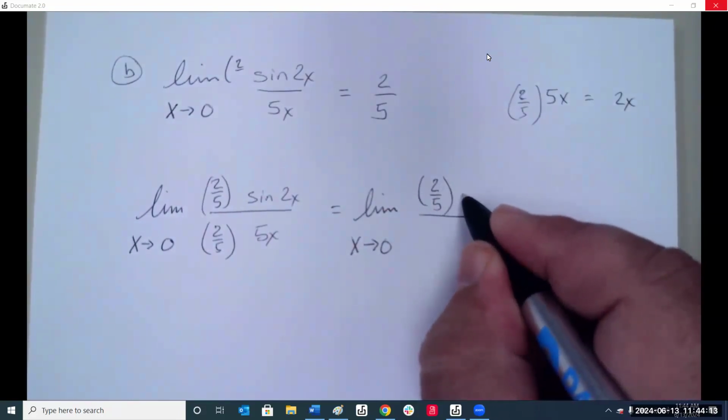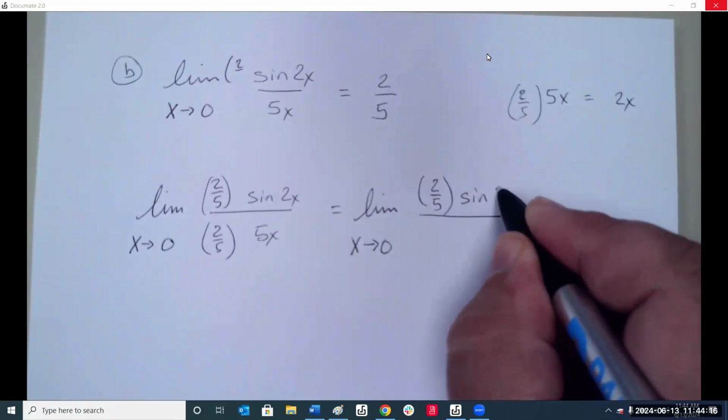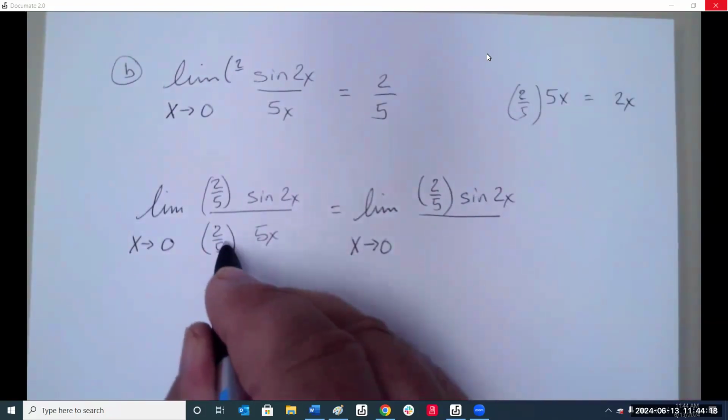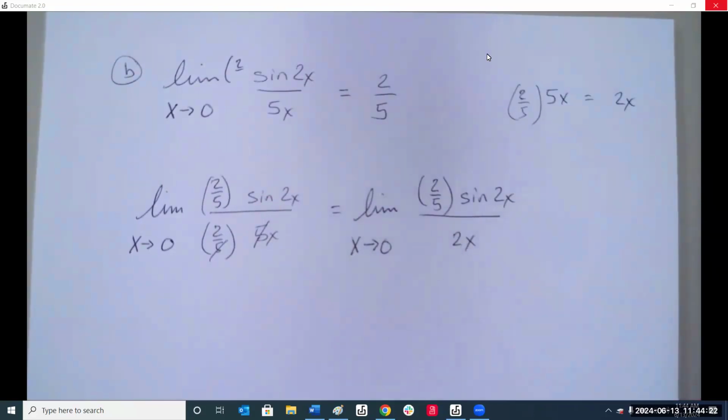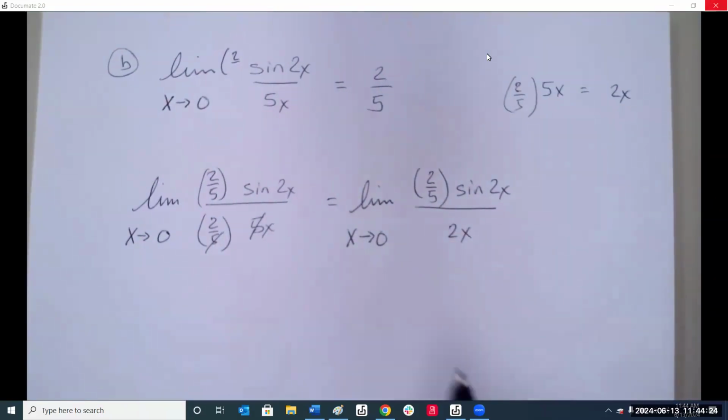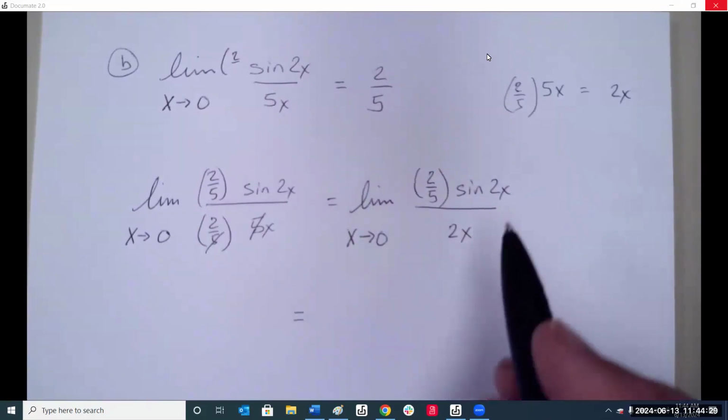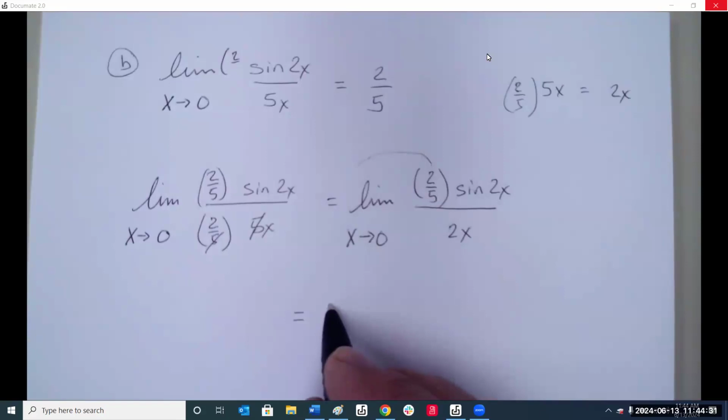So the top is 2/5 sine 2x, and on the bottom, the 5s cancel. And so we have 2x. The constant can go out in front.